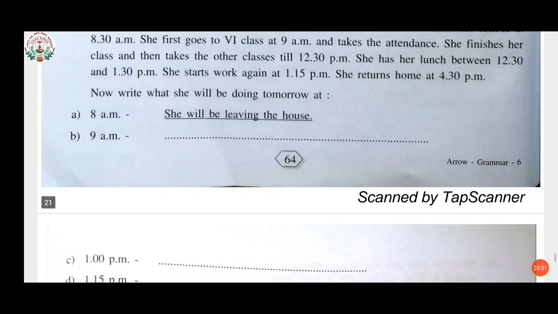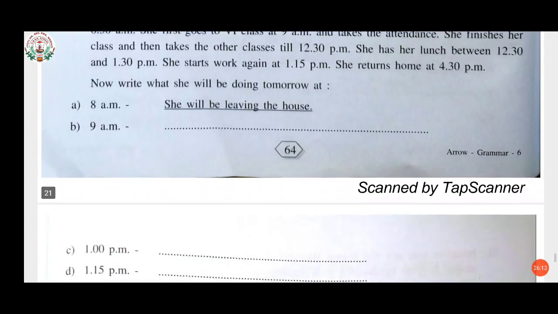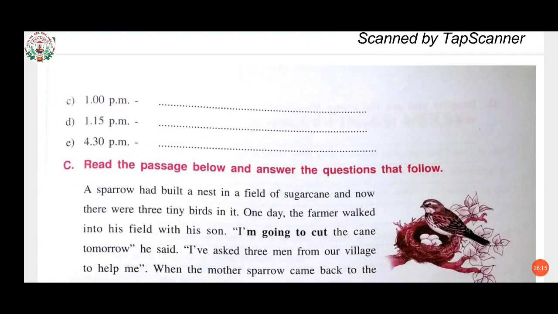Here it's a different kind of passage, and that is a small one. The time is given and according to that time you just have to write the sentence. Like first one is given, at 8 a.m. she will be leaving the house. So like this you just try it on your own.